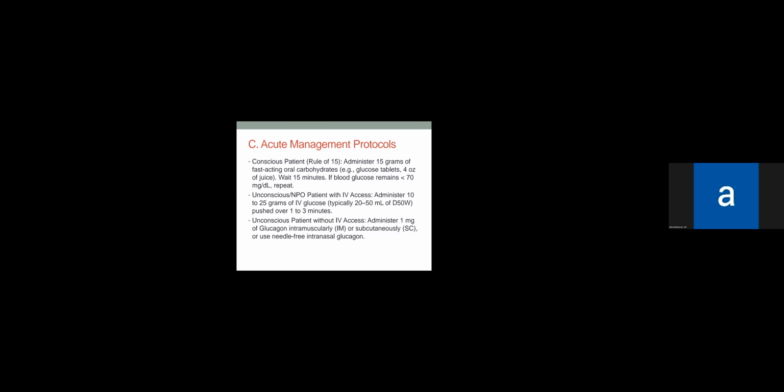Secure an IV line early while the glucagon takes effect, which may take 10 to 15 minutes. As soon as the patient regains consciousness and can swallow safely, transition them to oral fast-acting carbohydrate followed by long-acting food. Again, if we don't have IV access, we will use the intramuscular or subcutaneous route.